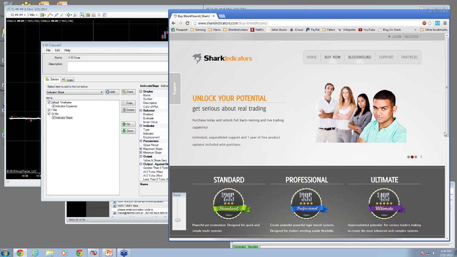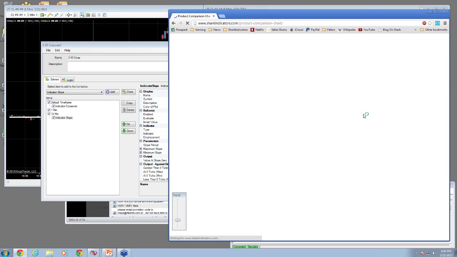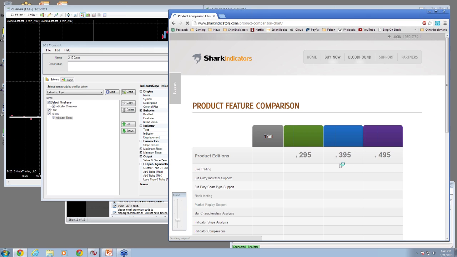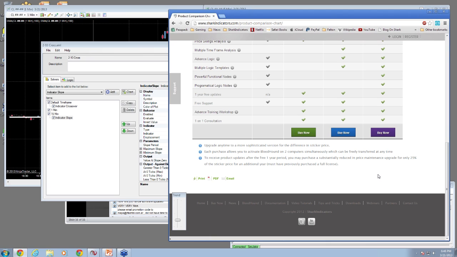The way it works is you get a year of free updates, and it doesn't matter what version we call it. Then at the end of the year, and this is totally optional, if you want to have the latest and greatest BloodHound, instead of asking you to repurchase the product, which I don't think would go over too well with a lot of people, although a lot of software companies actually do that, we have a very generous maintenance upgrade program where you just pay 25% of the sticker price, and that entitles you to another year of updates.